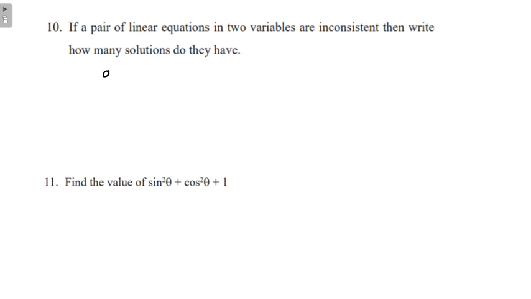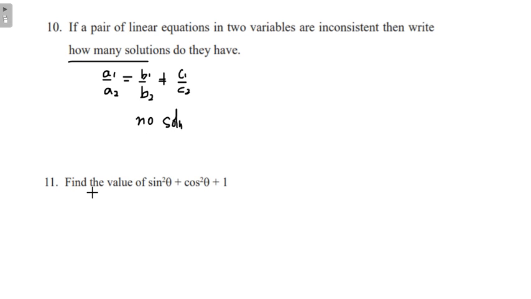Here you have to compare the ratio A1 by A2 must be equal to B1 by B2, but that should not be equal to C1 by C2. This is the condition. So for this condition, they are asking how many solutions they have. So they have no solution.